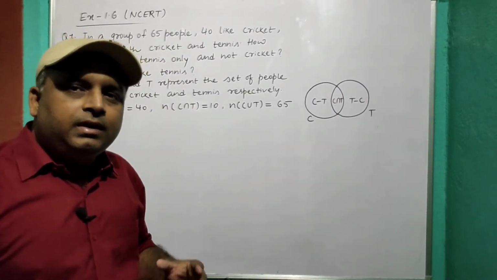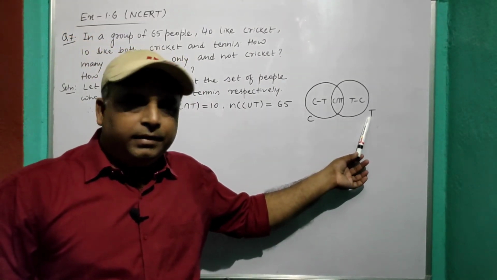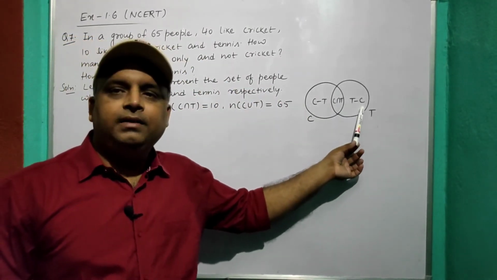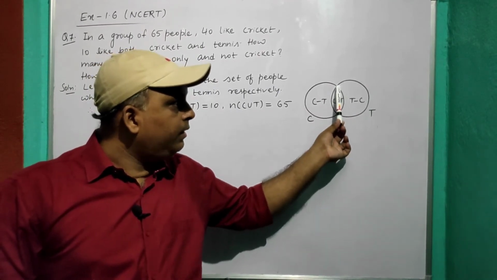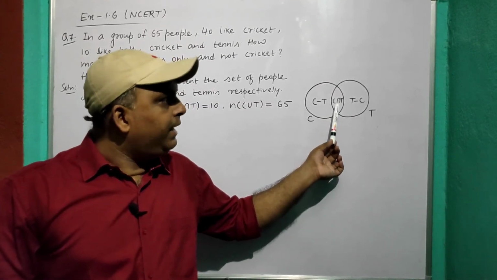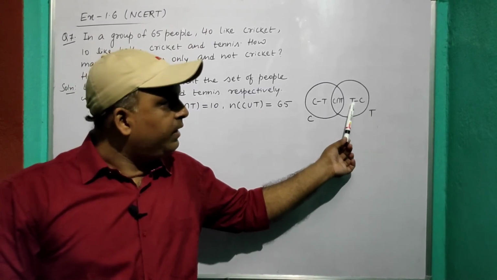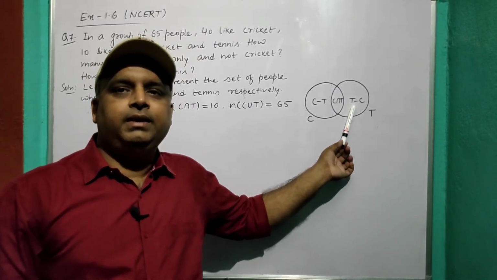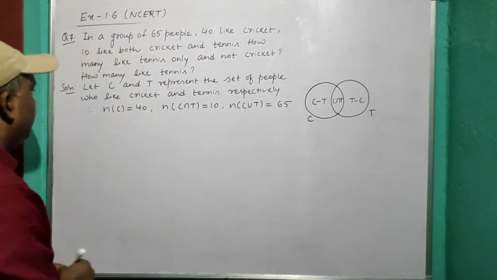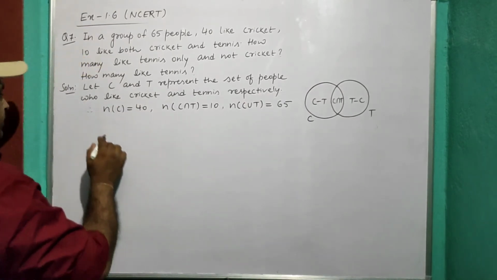It means the number of people who like tennis is equal to NT, and the number of people who like tennis but not cricket is T minus C, because this is the common part. It includes those people who like both cricket and tennis. So if that is subtracted from the set of people who like tennis, what remains is T minus C. So from these given conditions we can very easily find NT.